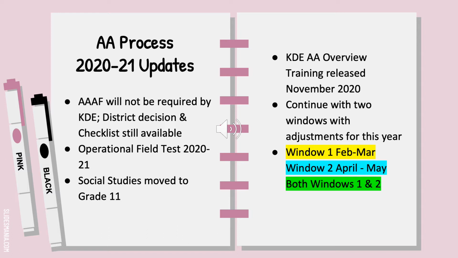So if you're not sure at this point if you will be required to maintain the AAAF, I would probably pause the video here and maybe send an email to the Director of Special Education in your district so that you can begin maintaining that if you are not certain. Also, keep in mind that districts may require a variation of the AAAF folder, so it's really crucial at this point for you to know whether you're required or not required to maintain that folder.